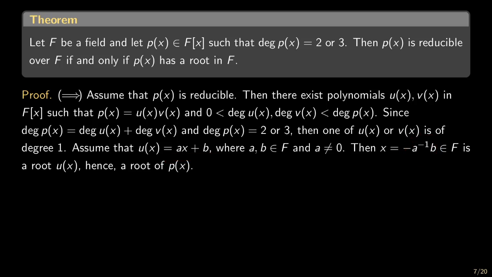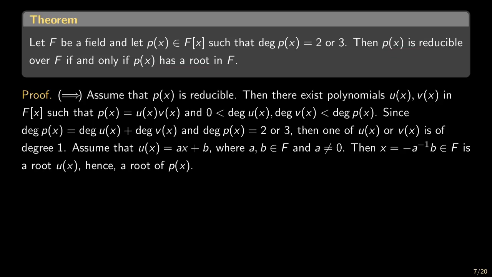Therefore, this serves as a root of u of x, and because u of x is one of the factors for p of x, and because f[x] is an integral domain, it follows that this is also a root for p of x. Therefore, we have shown that if p of x is reducible, then p of x has a root in f.